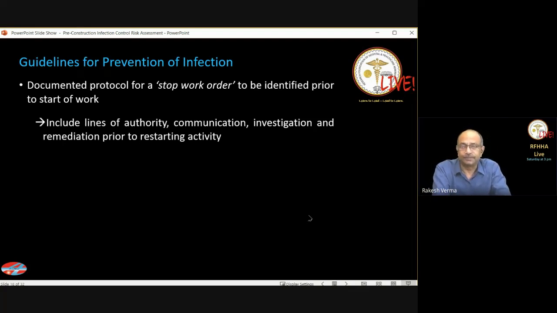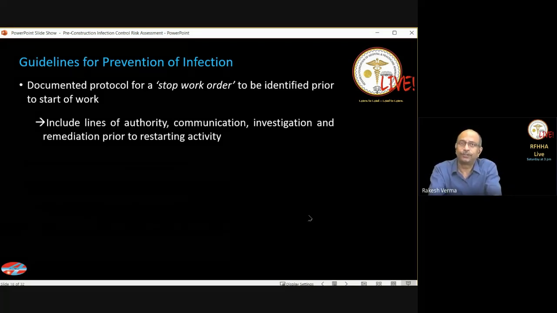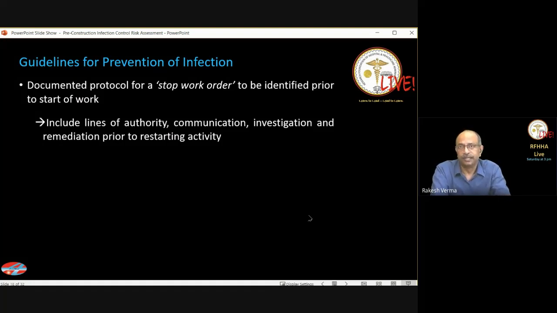Now, this is something that will create a lot of issues within the organization because obviously the contractor ends up losing money. Your project timelines will get delayed, and therefore, within the preventive measures analysis and as a follow-up of the infection control risk assessment, what will be the protocol to stop work?